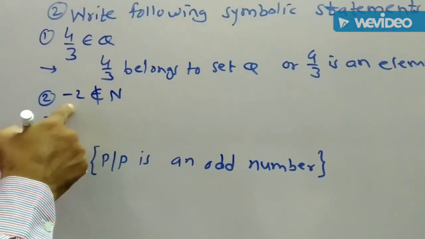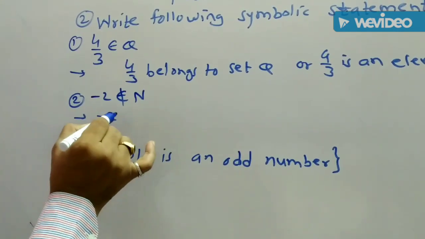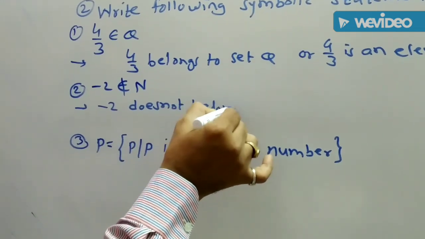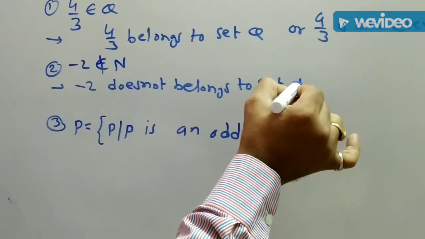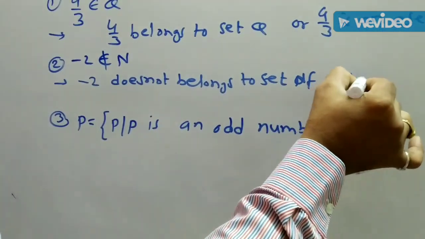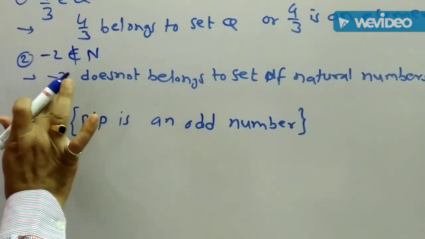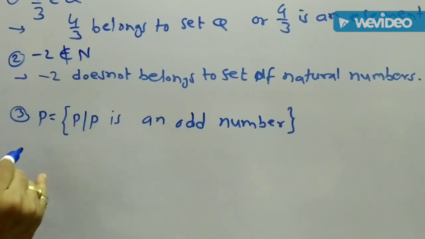Now next is minus 2 does not belong to N. N means natural numbers. Minus 2 does not belong to the set N, or set of natural numbers, or we can write minus 2 is not an element of the set of natural numbers.